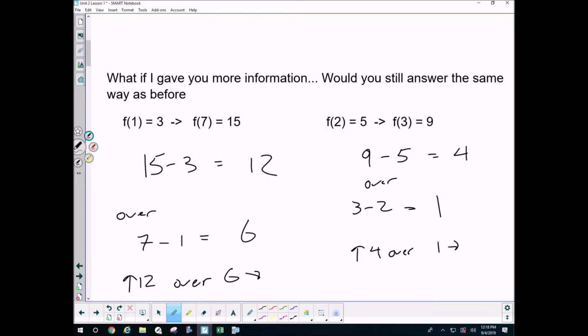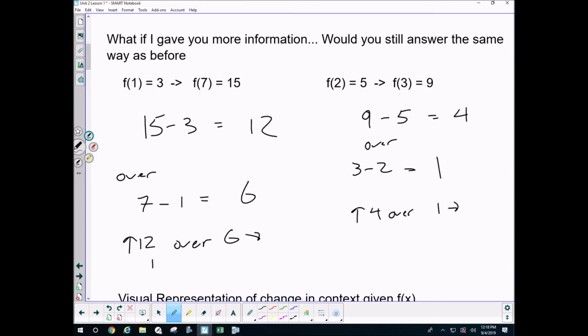Would you answer the same way as you did before? That I've gone up more between 3 and 15 than I have between 5 and 9? No, I would say no. And the way that you can make them apples to apples comparisons is by dividing. 12 over 6 is 2, which means I've gone up 2.